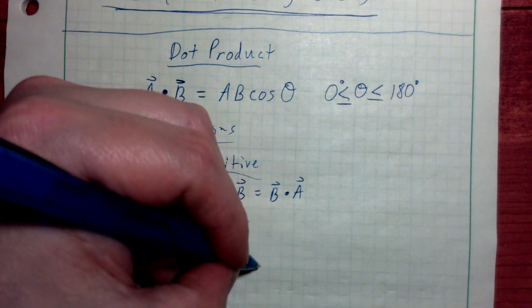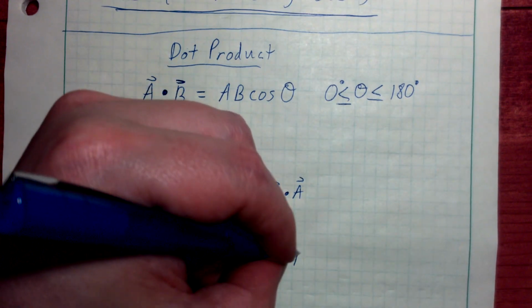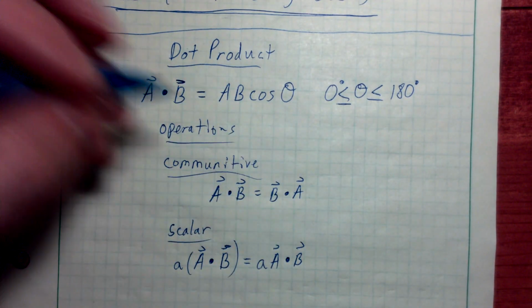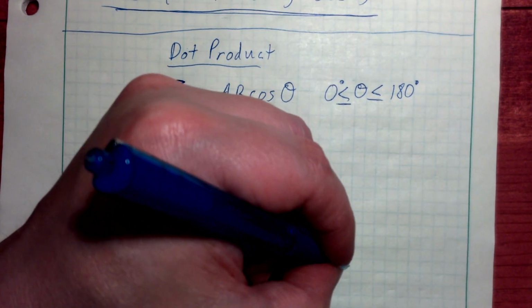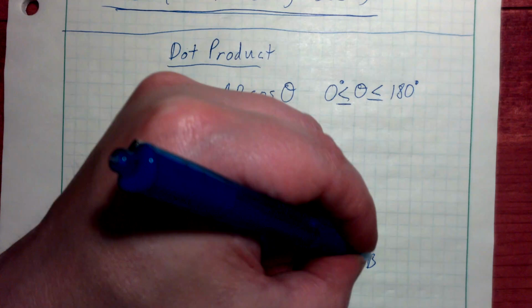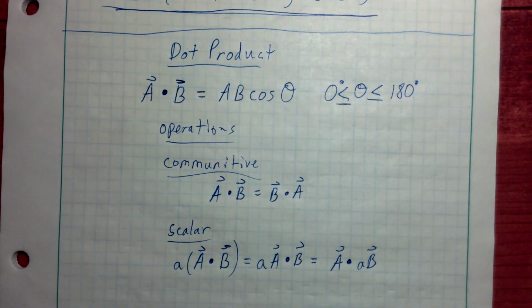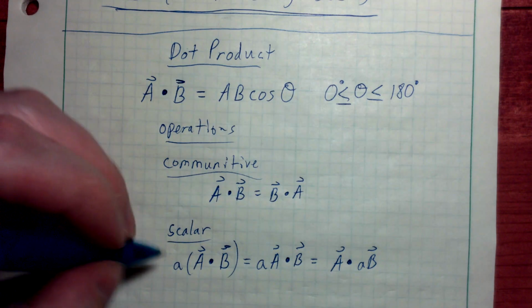I could apply that scalar to either the A vector and then dot that quantity with B, or I could apply that scalar to the B vector. So A dotted with little a vector B would be the same quantity. So if I've got a scalar, I can apply that scale to either vector and then dot the result with the other vector and proceed accordingly.